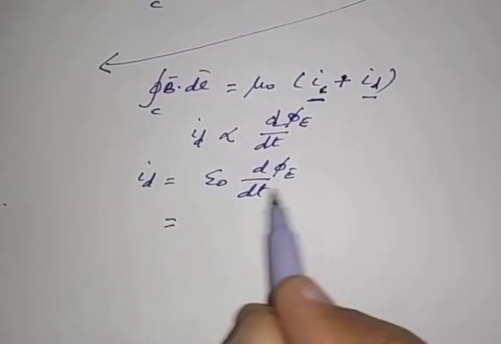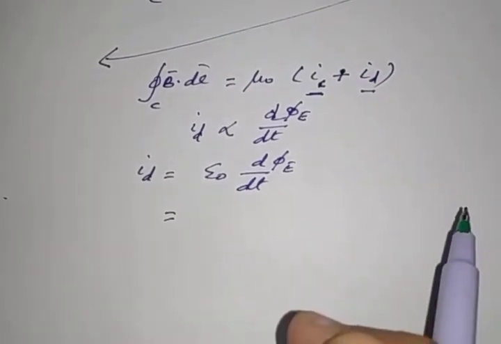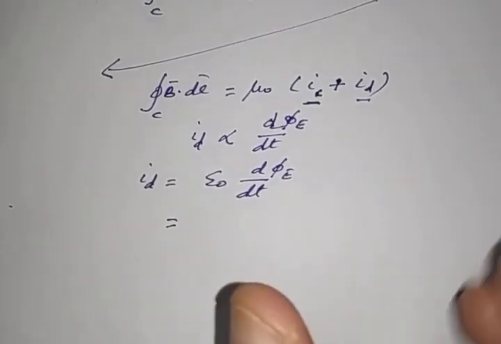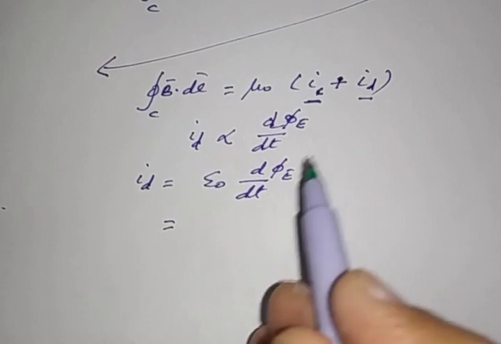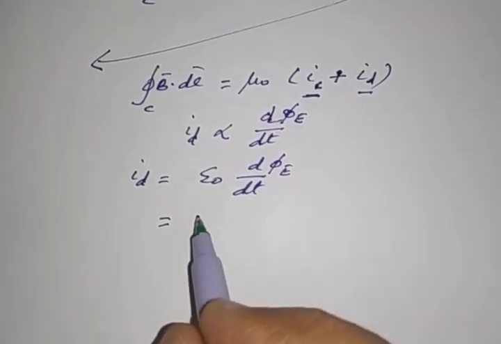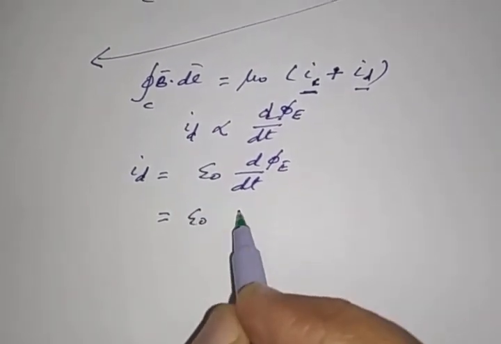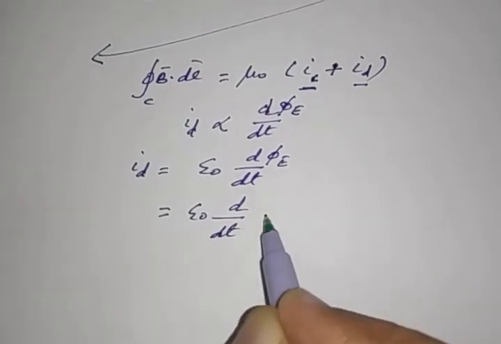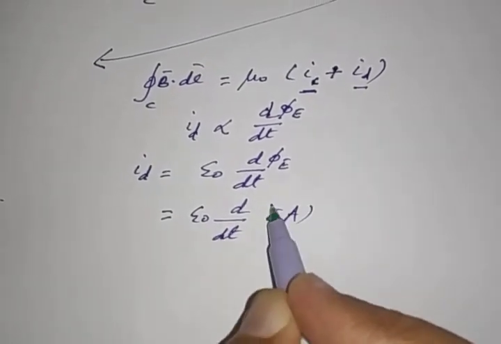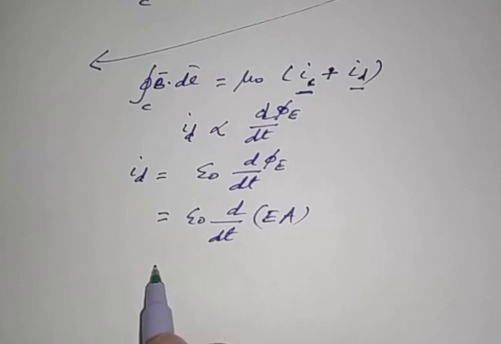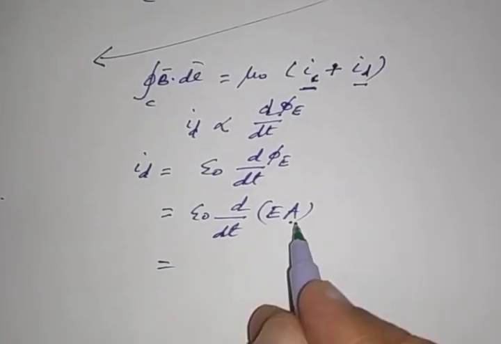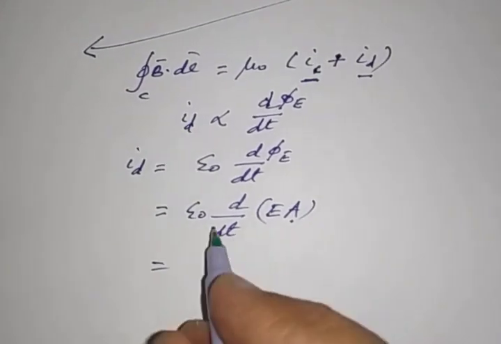We all know the total electric flux for a parallel plate capacitor, in the space between the two parallel plates, comes out to be a scalar value, a number only.